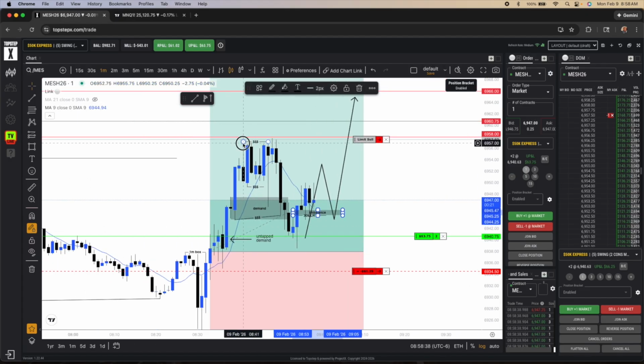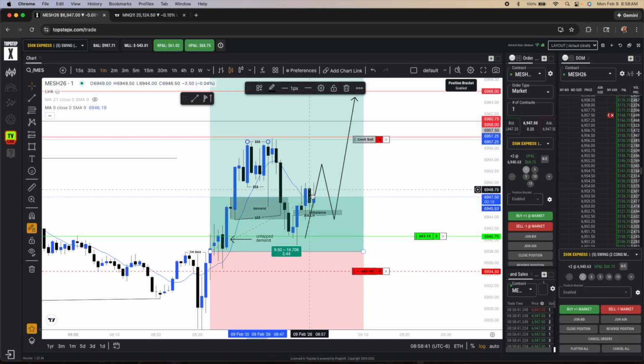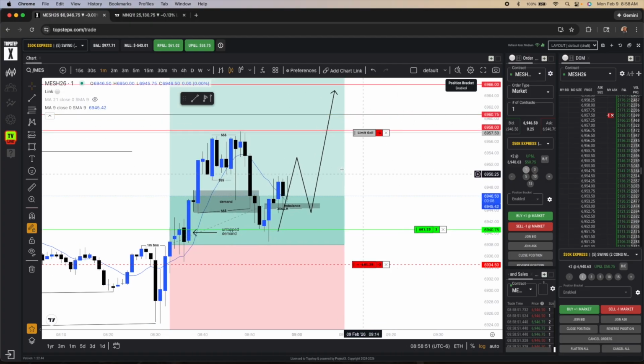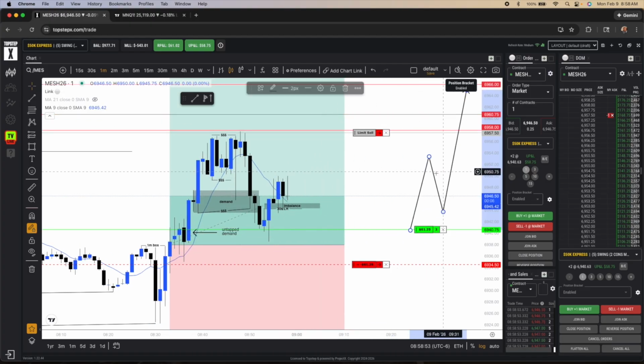Since we did sweep up here, I do expect some rejection on the way up. And like I said, for us to potentially get pushed back to the downside. Or we could just have a slow run through of this area.